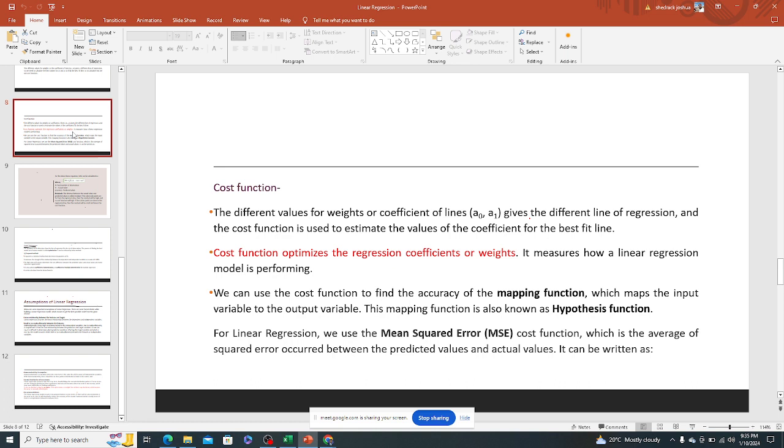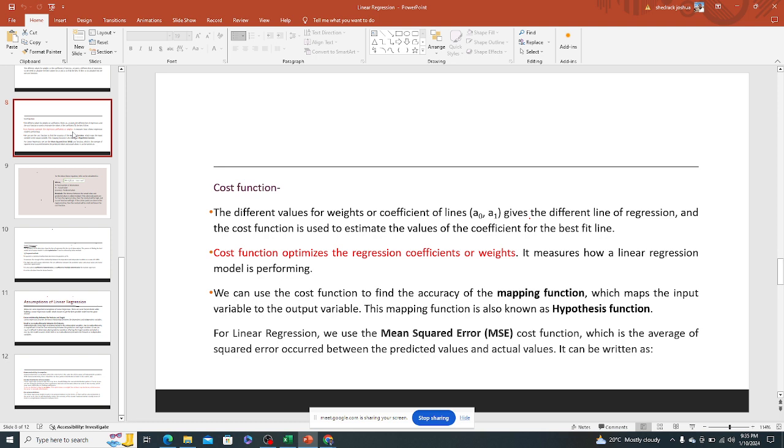And if our coefficients are okay, then we will have a better regression line. Different values of weights or coefficients a0 and a1 give different lines of regression, and the cost function is used to estimate the value of the coefficients for the best fit line.